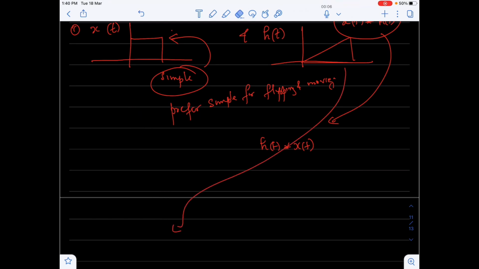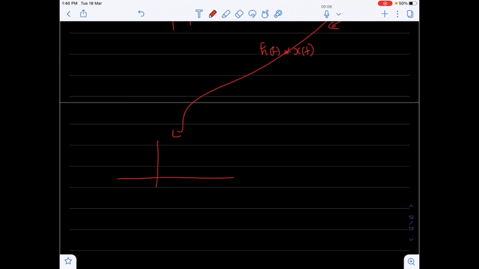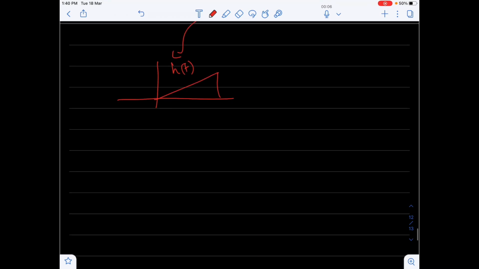I will consider my first signal like this, the first signal as this one, that h of t. Then I will find what is h of tau. You will get the graph like this, which is a function of tau, and this is a function of t.